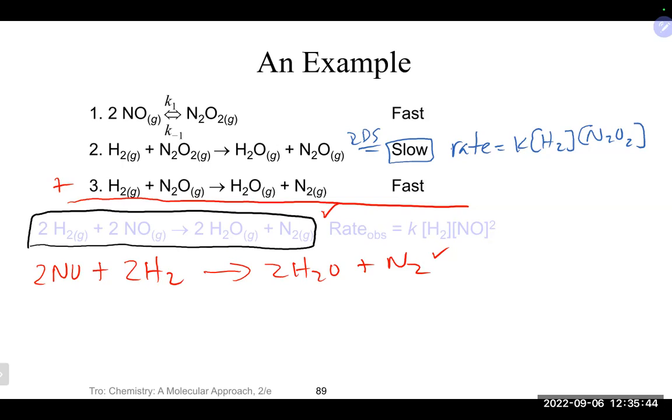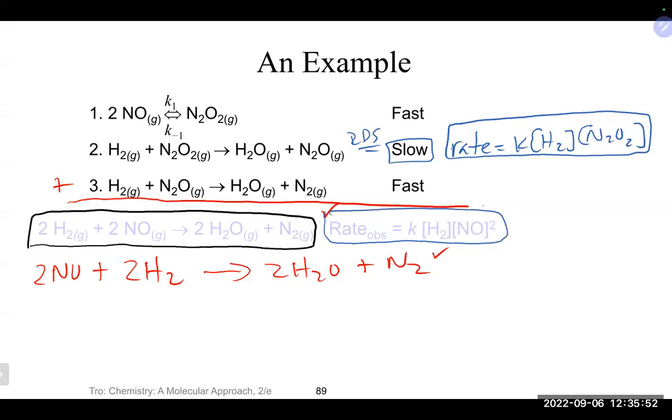So when I go look at my rate law that I have for my rate determining step, and I go and say, does it match this guy? Do they match? The answer is you can't make that determination at this point. They clearly do not match because they don't have the same things in there.